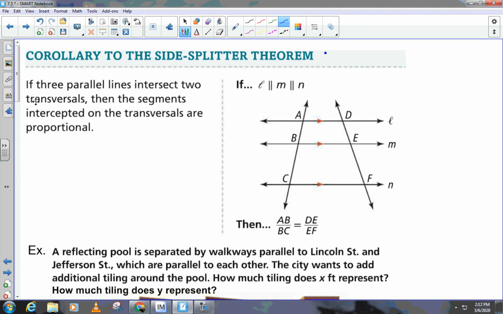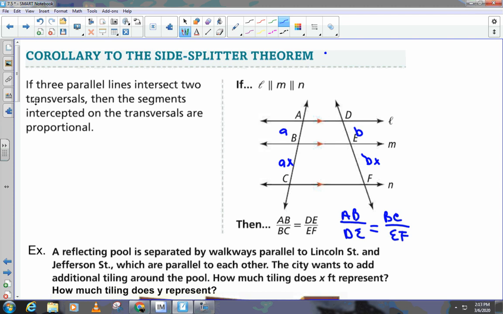So we can do A is to AX as B is to BX. Those are proportional. And so there's a lot of different proportions that we can set up. Like we can do AB is to BC as DE is to EF. We can go back and forth. We can do AB is to DE as BC is to EF.